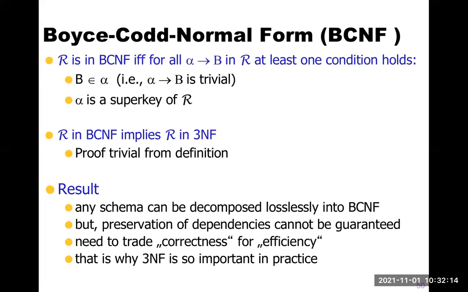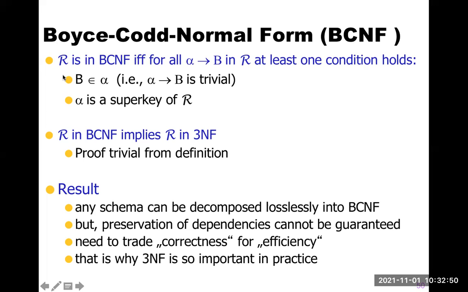Boyce-Codd normal form was defined to refine the properties of third, and at that time fourth normal form was already defined, so it's not called fourth. It is a refinement of the third normal form that was defined later, and that's why they call it this way. BCNF, Boyce-Codd normal form.